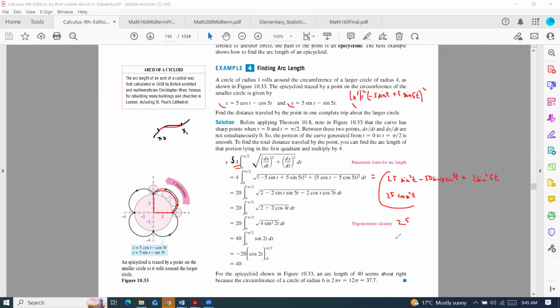Remember why? Because sine squared plus cosine squared is equal to what? Remember? The Pythagorean identity is equal to number 1, right? So that's why we can just factor this out as 1 times 25.